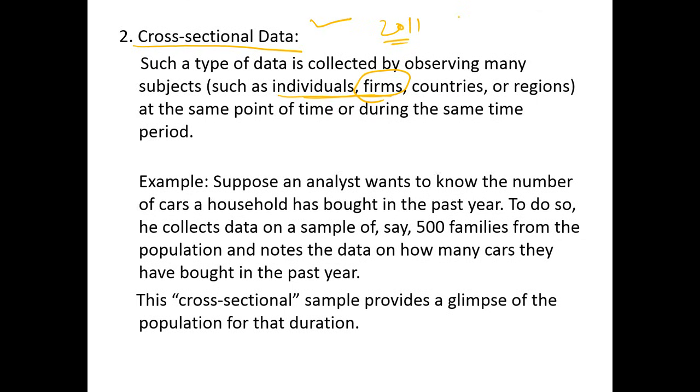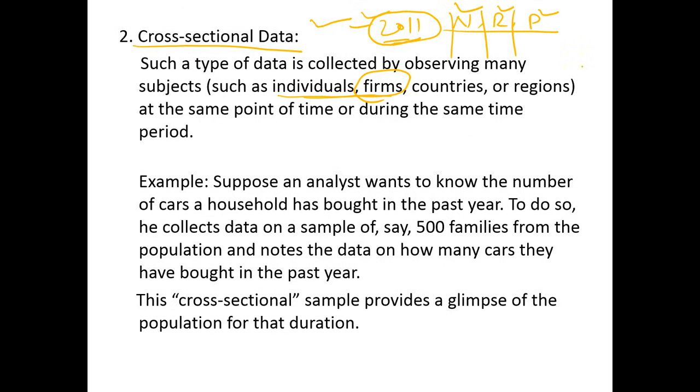So you collected the number of employees, the revenue, the total profit of the company. These are the variables, right? And you collect all these things for one time period, that is 2011, right? This is called cross-section data. Multiple variables, one time period.